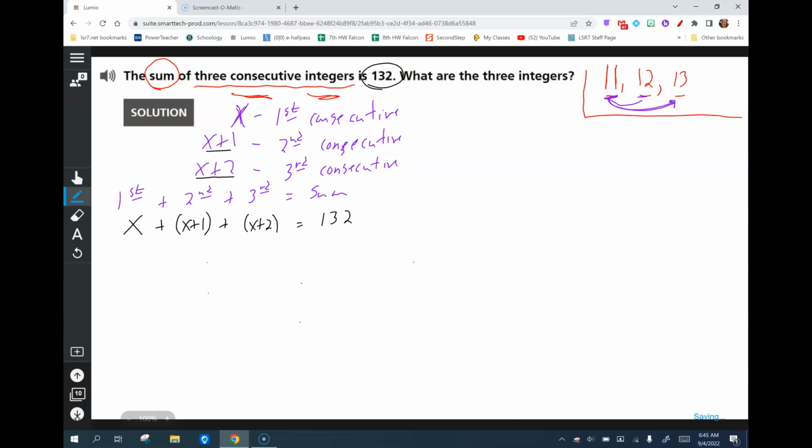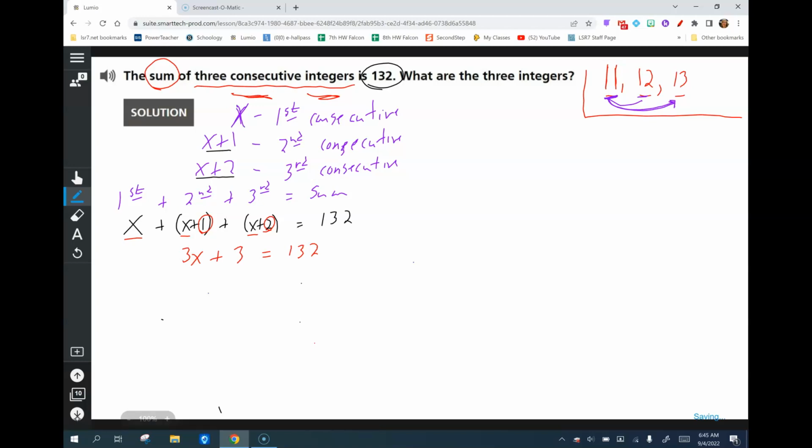Now when we go to solve it, those parentheses are just dividing it. So all we're going to do in order to solve it is we're just going to combine like terms. So if I combine my like terms, I get 3x. Combine my like terms, and I get 3. Is equal to 132.